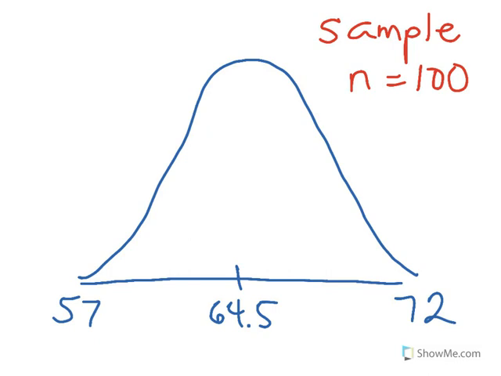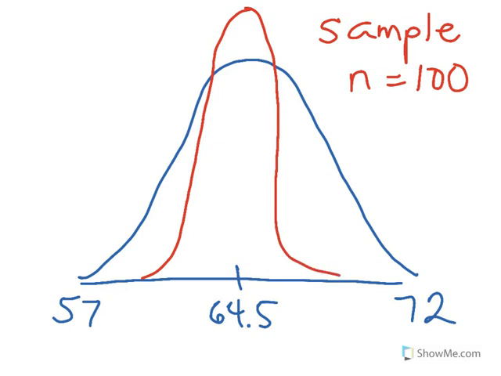It was also symmetric. It also had its center at 64.5, but it was smaller in terms of its width. So, for example, it might have looked like this. Same peak, but definitely skinnier. The whole distribution might have fit in about that much of the original distribution.